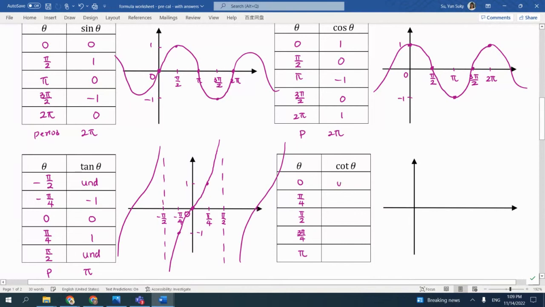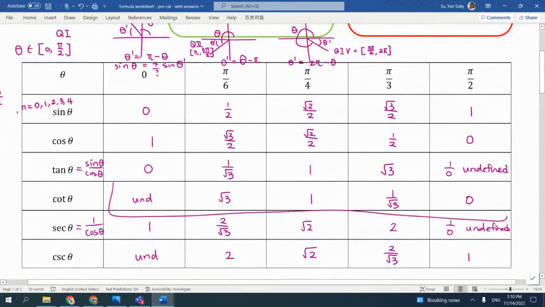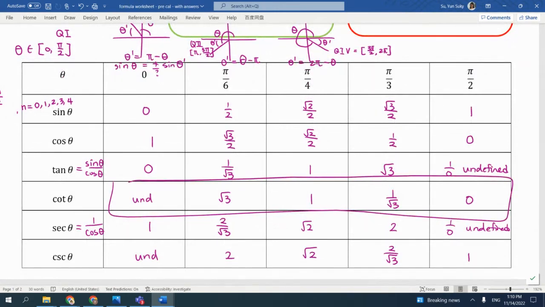Cotangent at 0 is undefined. At pi over 4, we get 1. At pi over 2, we get 0. At 3 pi over 4, we get -1, and at pi it is undefined. How do we get those values? Find them here. See? At 0 is undefined.